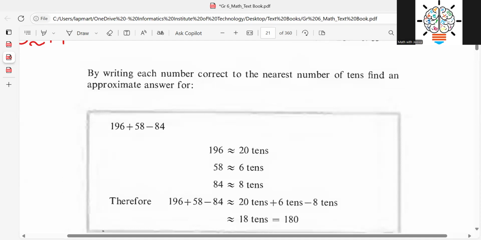First, you correct all the given numbers to the nearest number of tens. Then you can add or subtract whatever they have given, right?